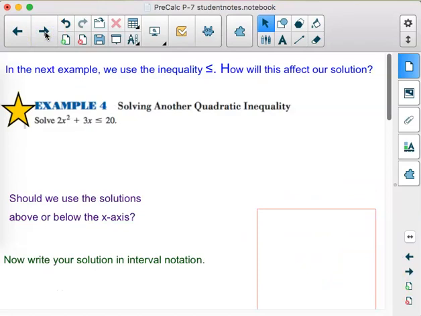So, in the next example, we're going to use the less than or equal to. How will this affect our solution? I want you to write something down. If it has less than or equal to in it, is it going to be an and or an or? And then, what does that equals bar do for us? How does that change it?